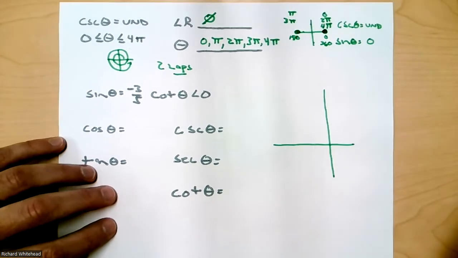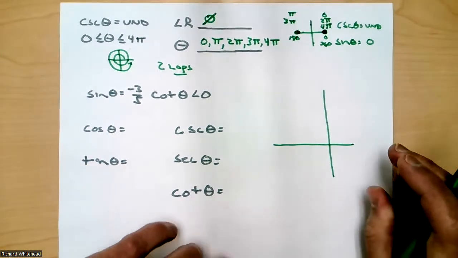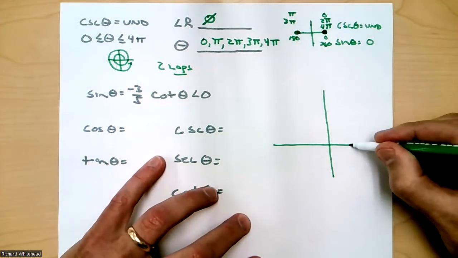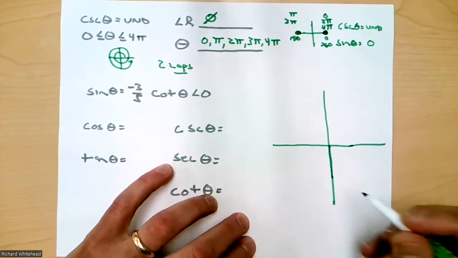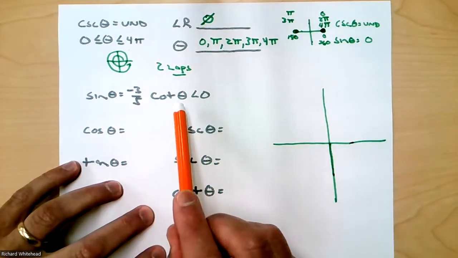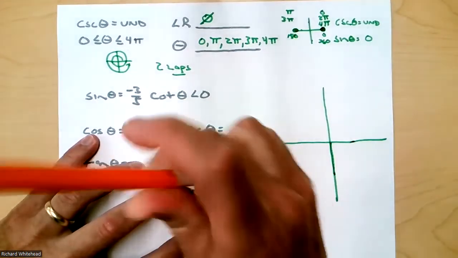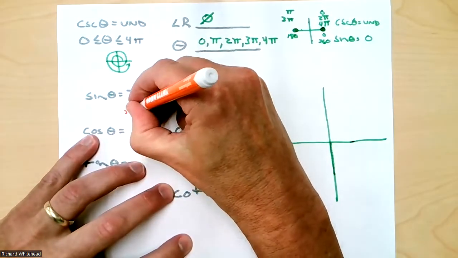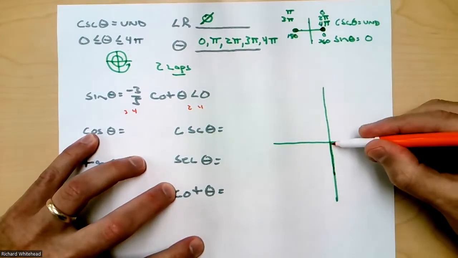Let me see, sine is negative. I just drew that wrong. I was thinking of the wrong quadrant. Sine is negative in the third and fourth quadrant. Cotan's negative in the second and fourth quadrant. So you're going to think, okay, sine's negative in third and fourth, cotan's negative in second and fourth. So it looks like we're in the fourth quadrant.